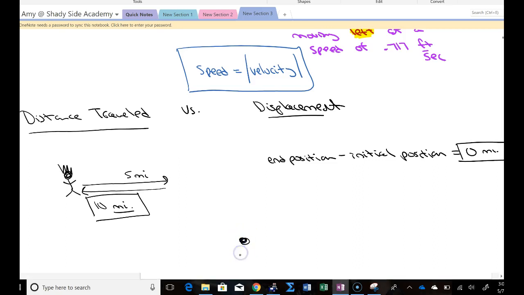If I say I start here and I run 40 miles to the right, I never change direction. Ending position 40 minus starting position 0 will be 40. The only time you have to be careful of is that when someone asks you about distance traveled, this is always a positive entity. It's always positive. Okay?